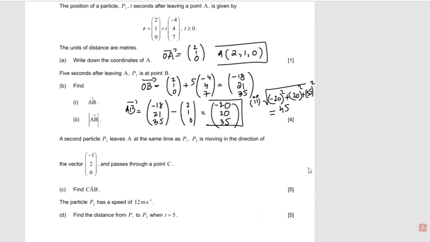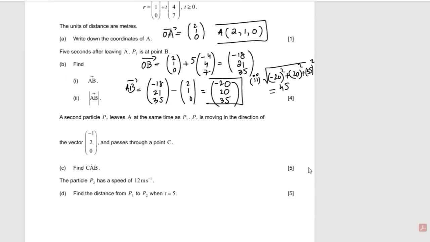Okay, a second particle P2 leaves A at the same time as P1. P2 is moving in the direction of the vector (-1, 2, 0) and passes through the point C. We're saying find CAB.